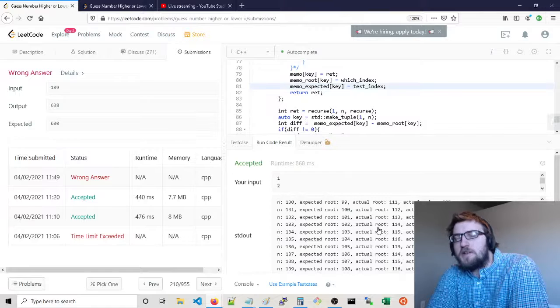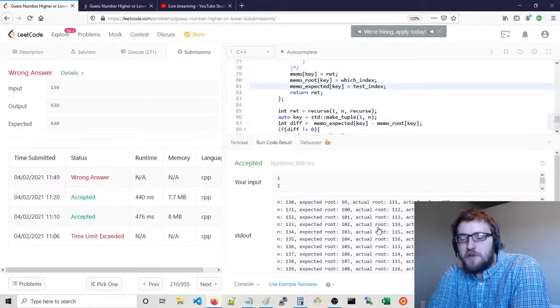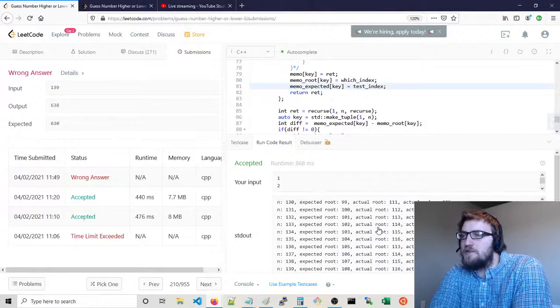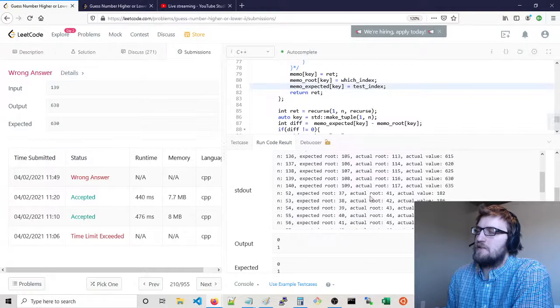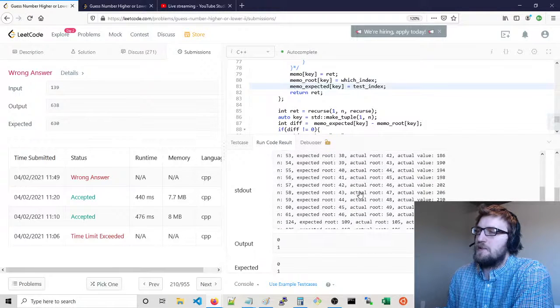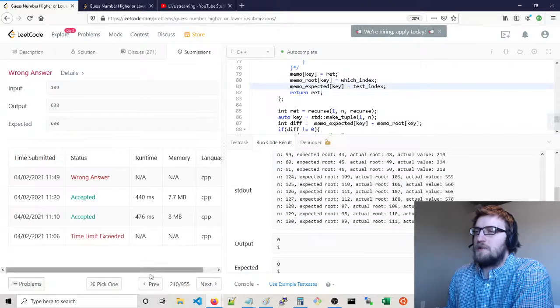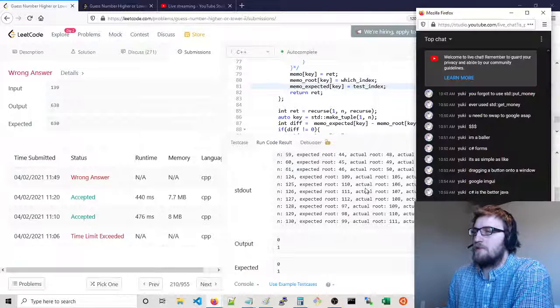If the expected is 99, but the actual is 111, I suppose that means that we put too many things into the right subtree if we got 99. And for this one, not enough things are put into the right subtree.